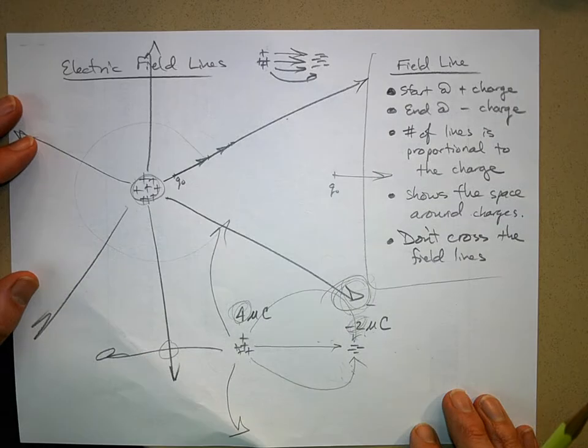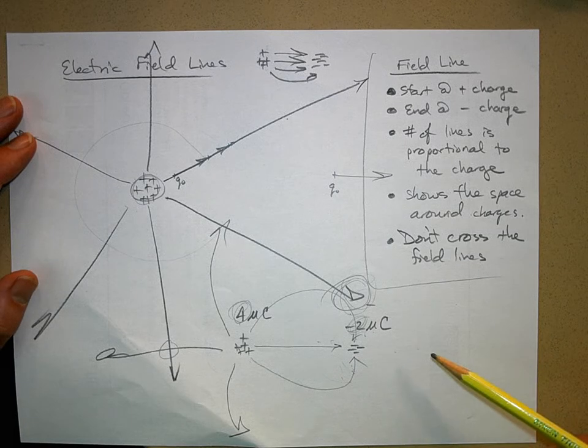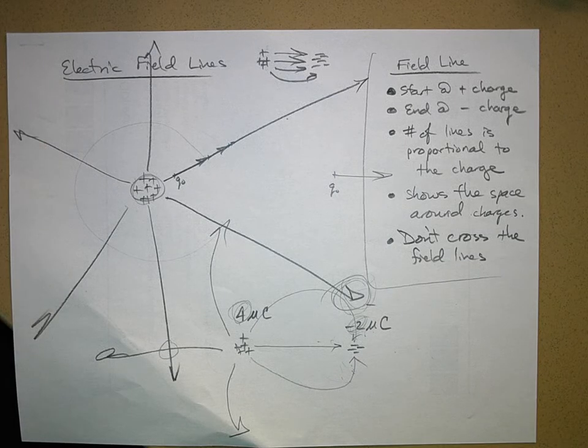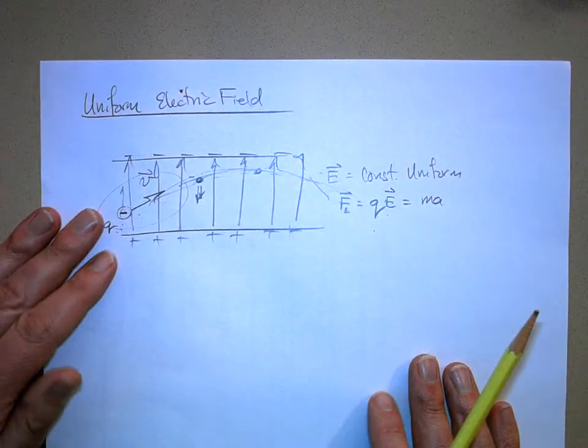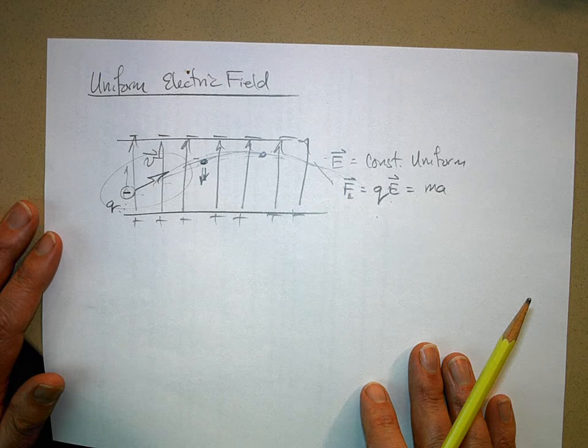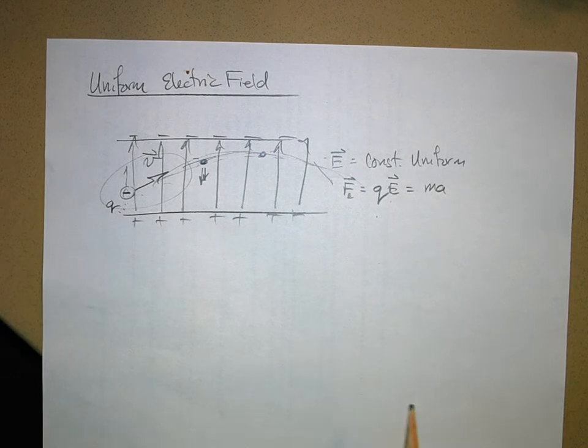Make sure you can draw electric field lines, and you know the rules for electric field lines. Make sure you understand that if the electric field lines are uniform, you're going to have a uniform force, and now you'll have a uniform acceleration, and you treat it like a projectile in a gravity field.